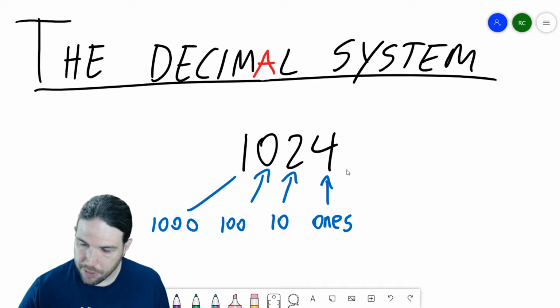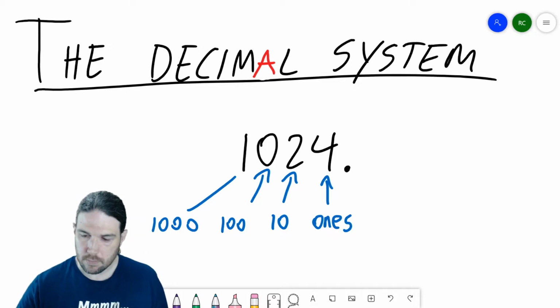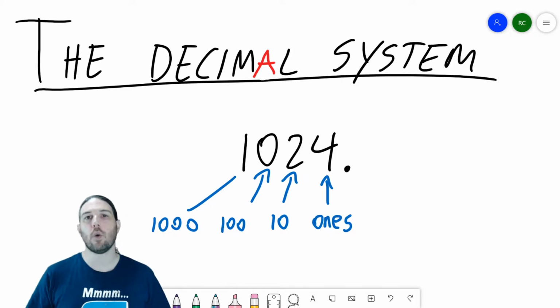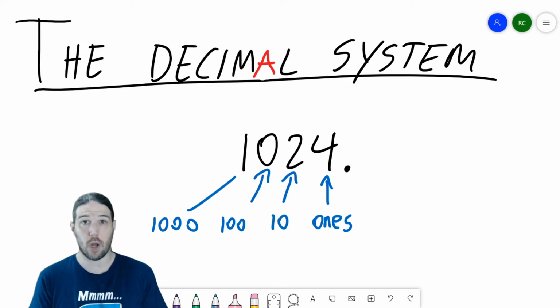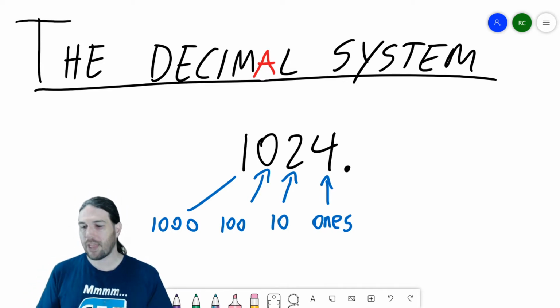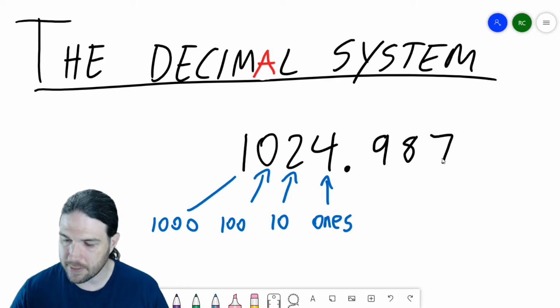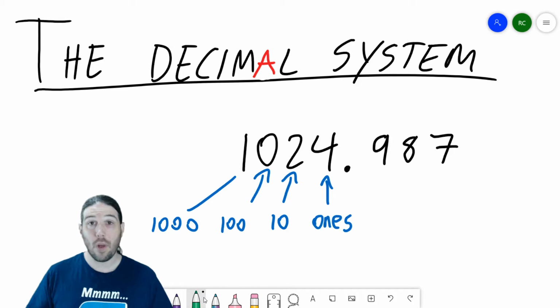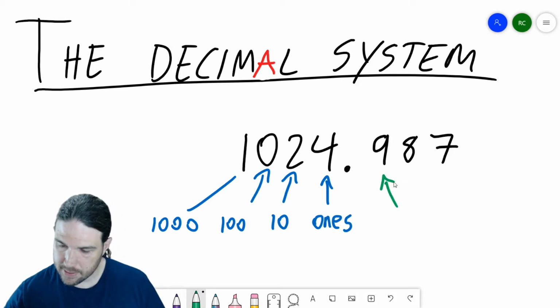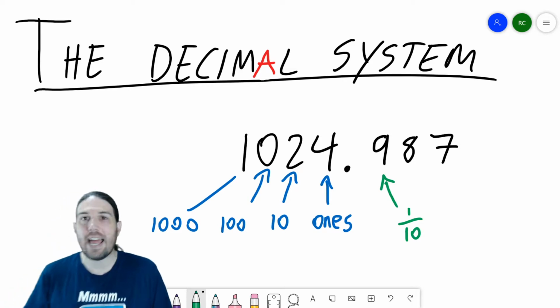When we add the decimal point, we are now going to start talking about factors or scales that are less than 1, right? If I say 1024.987, let's say, what this 9 represents is 9/10.